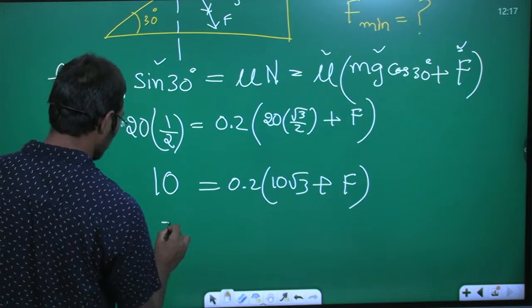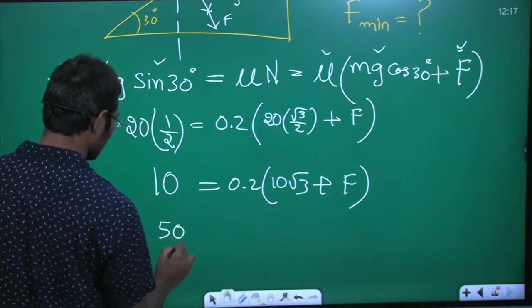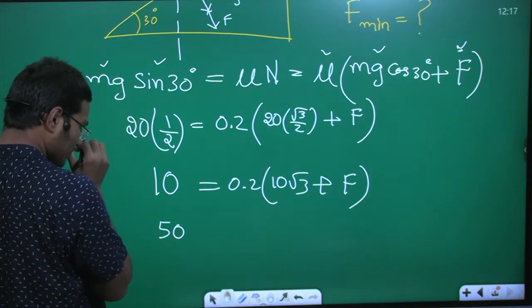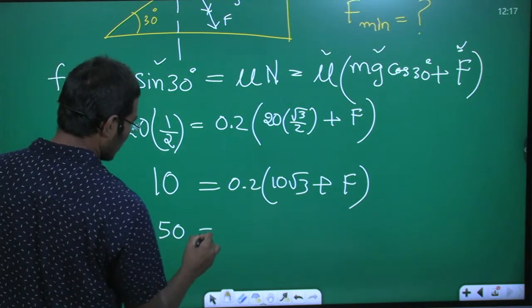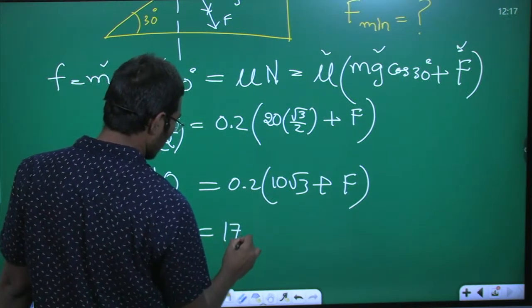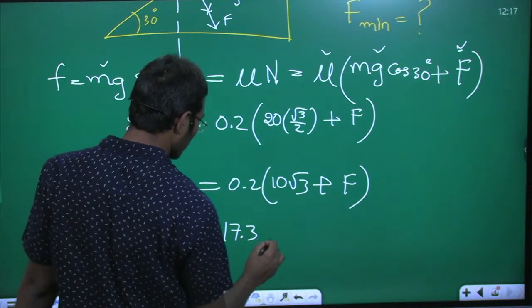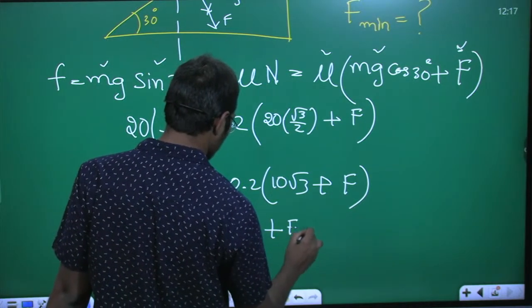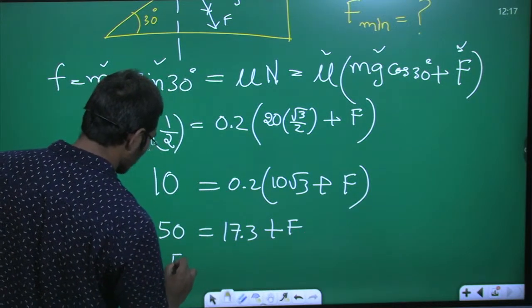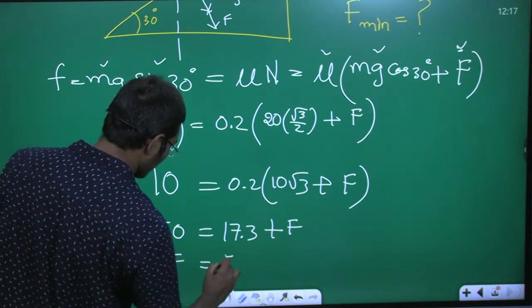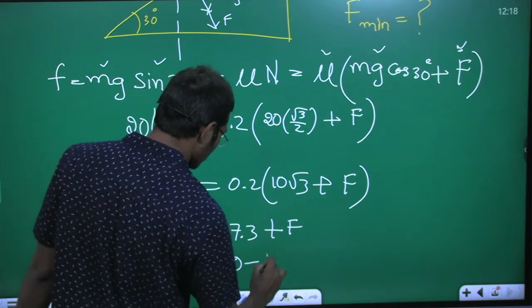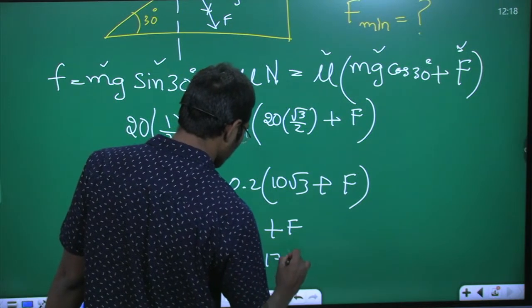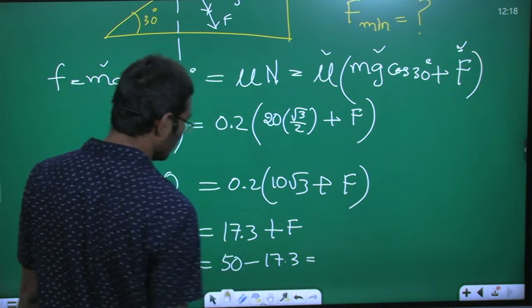So here we get 50, right? 17.3 plus F. So F is equal to 50 minus 17.3, that is equal to.